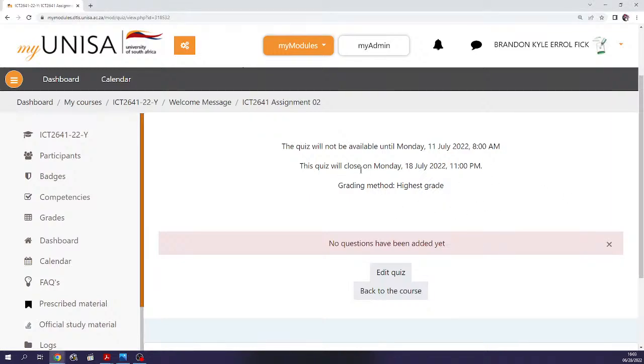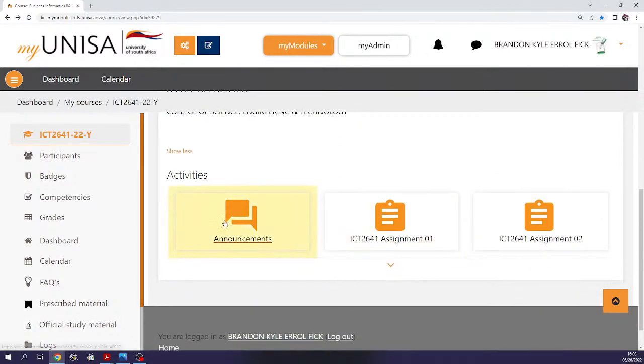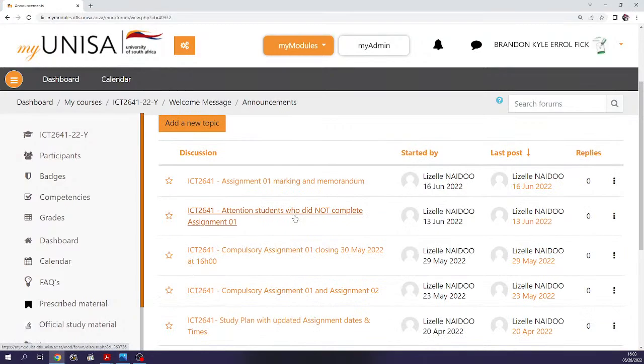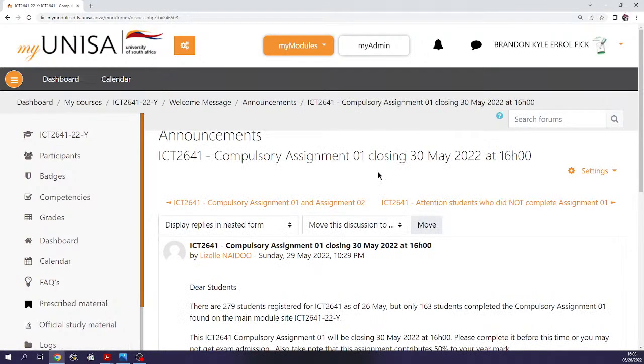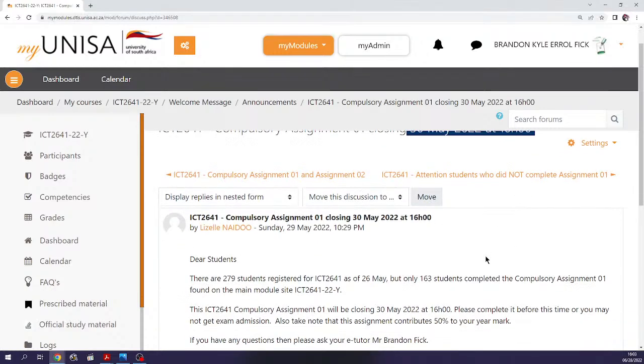I'm emphasizing the date because there was a little bit of a problem with students who said they assumed that assignment 1 was going to close at midnight. And there was actually an announcement made on the Sunday, I believe. Here it is. Compulsory assignment closing, Assignment 1, 30 May at 4.